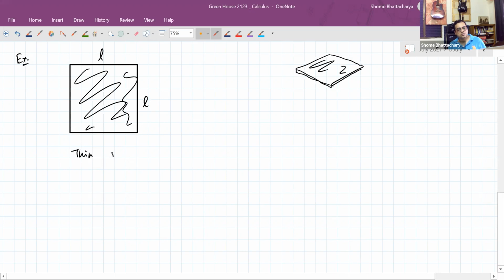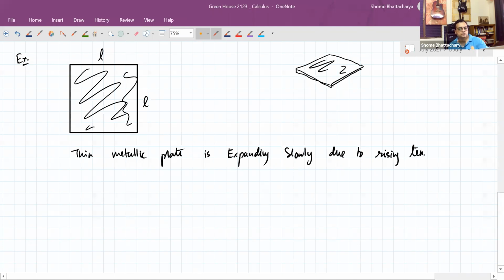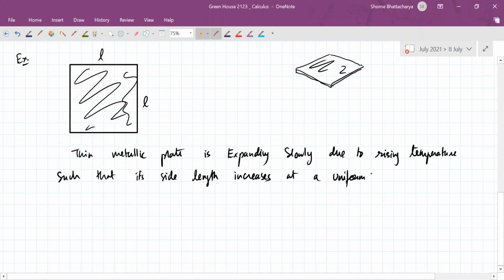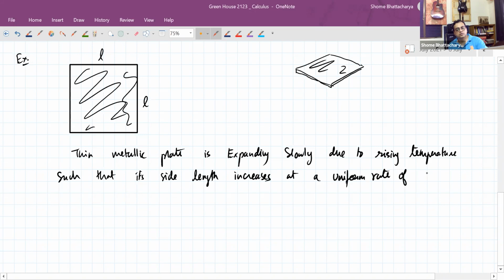A thin metallic plate is expanding slowly due to rising temperature such that its side length increases at a uniform rate of 0.2 centimeters per minute.